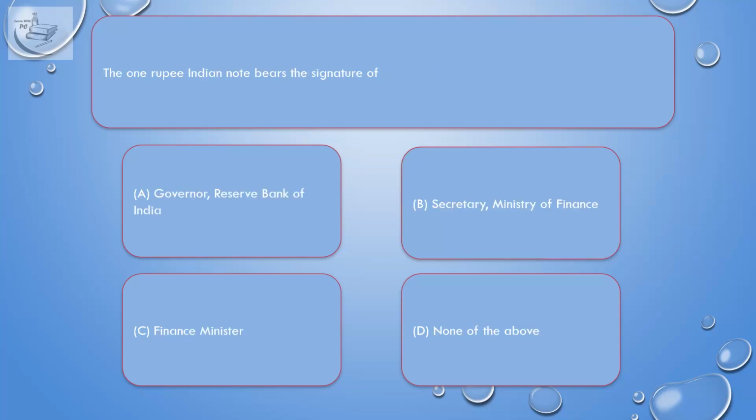Question: the 1 rupee Indian note bears the signature of A. Governor, Reserve Bank of India. B. Secretary, Ministry of Finance. C. Finance Minister. D. None of the above. Correct answer is B. Secretary, Ministry of Finance.